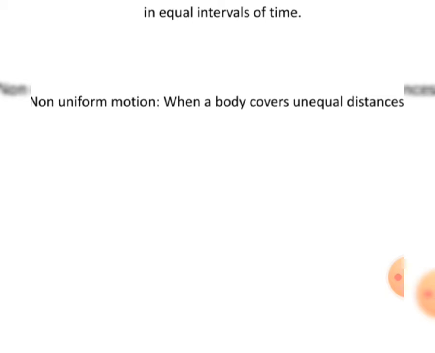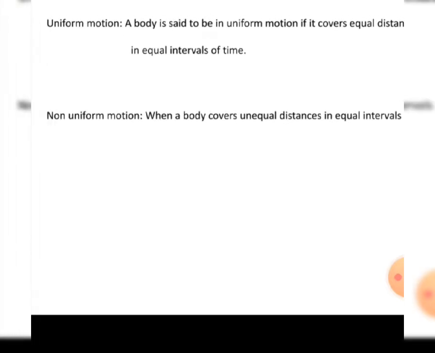If we take an example of a car, suppose the car is running on a highway where there's no obstruction at all, a smooth plain road. In that case, your car might be moving at a uniform rate, and that means every hour it's covering the same distance. Suppose the speed of the car is 40 kilometer per hour.